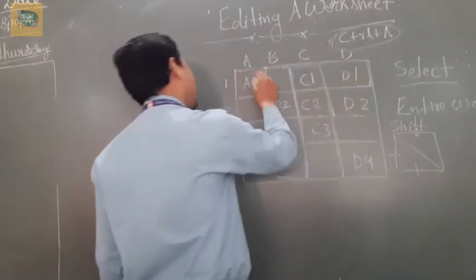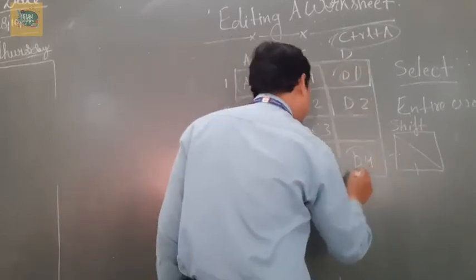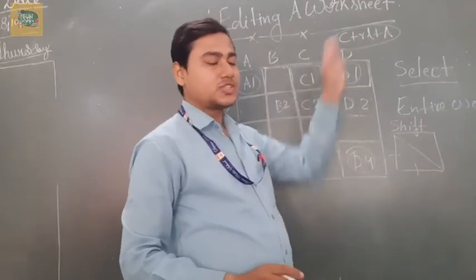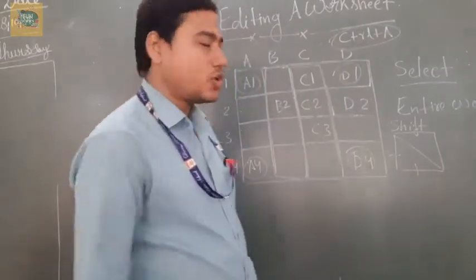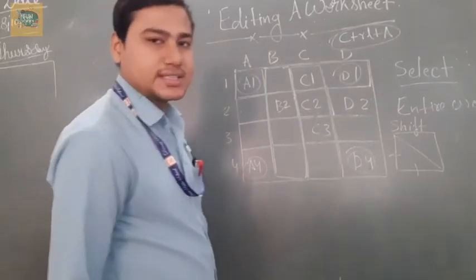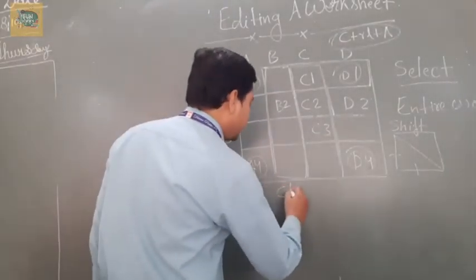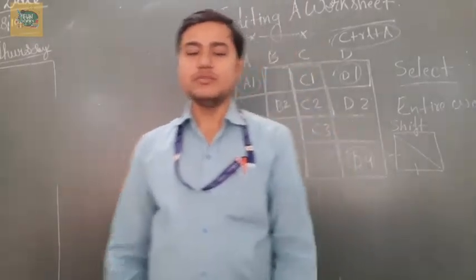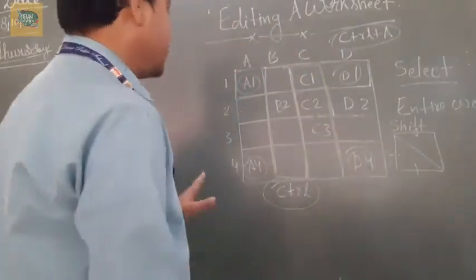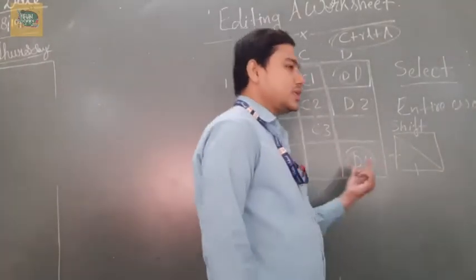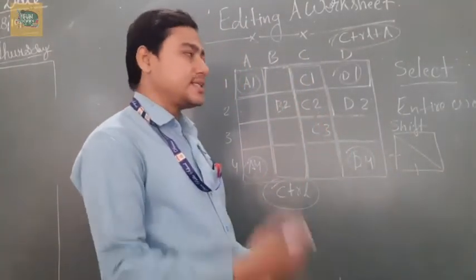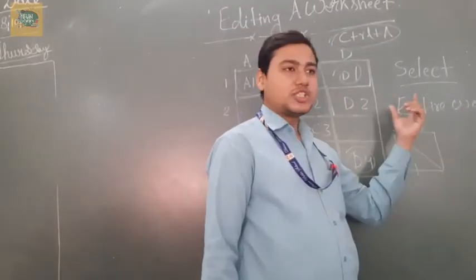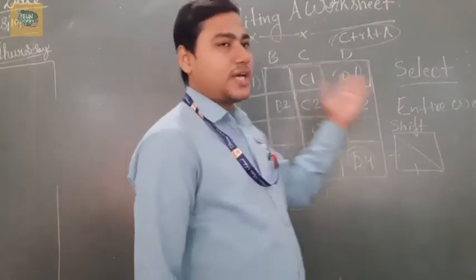If you want to select these, they are not nearby cells, so that is called non-adjacent cells. For selecting non-adjacent cells, which key do we use? The Control key. I hope you are getting it: for adjacent cells we use the Shift key, and for non-adjacent cells we use the Control key.